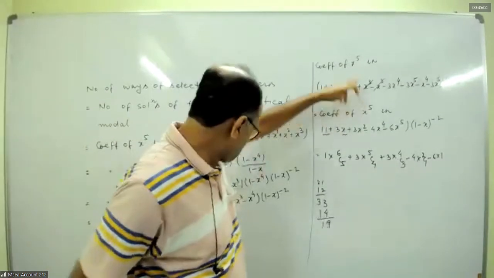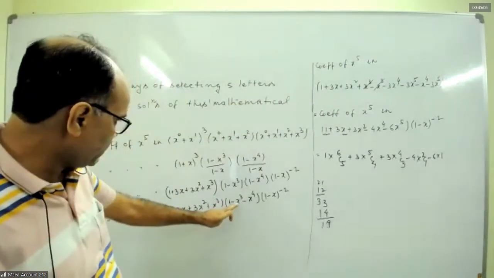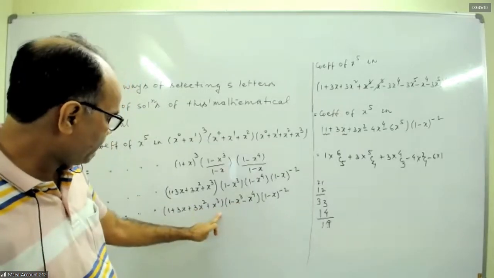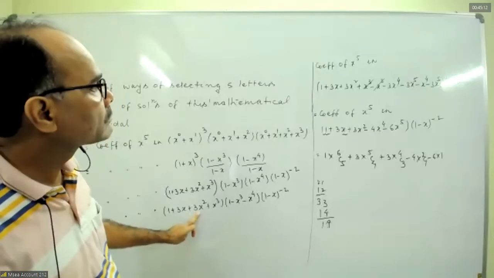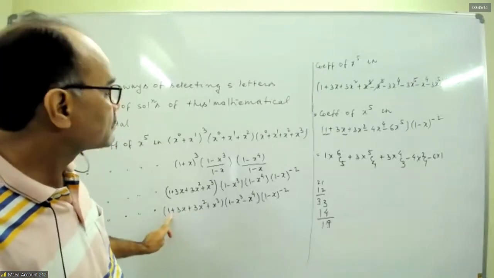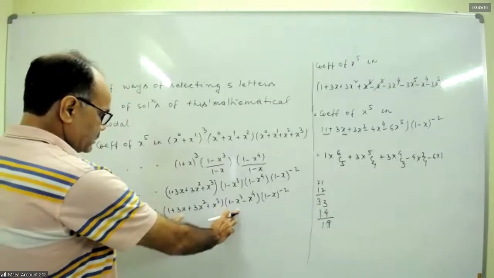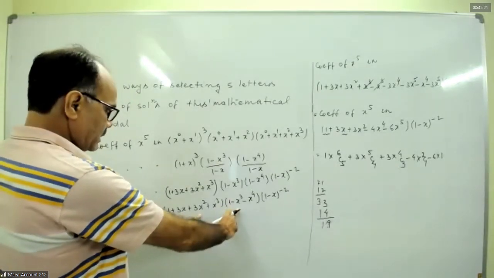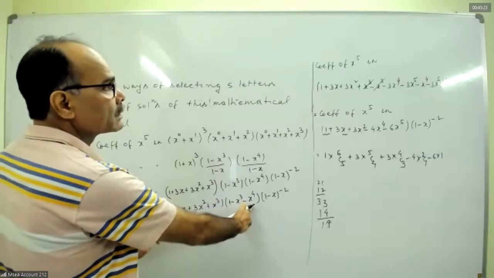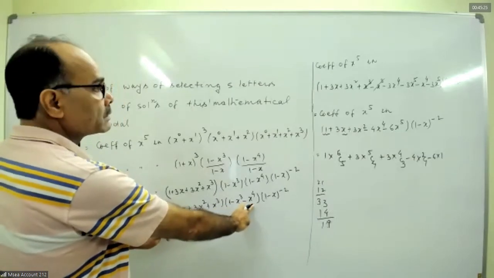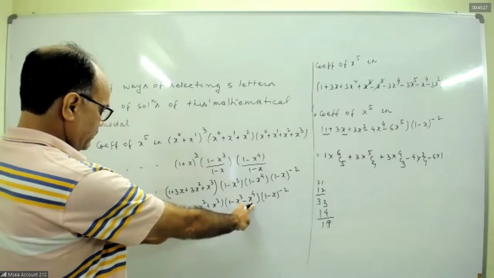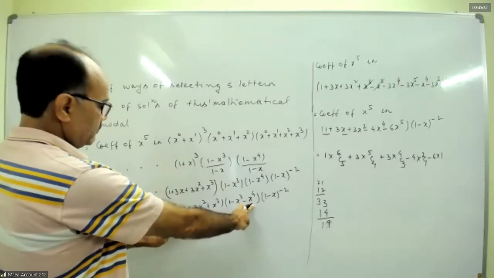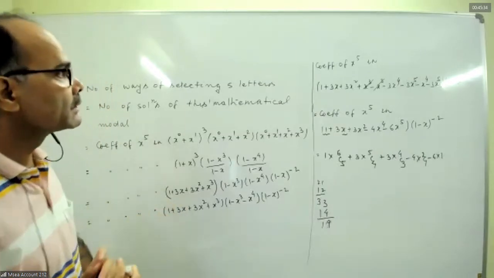After that, you multiply with this one, x cube with this: minus x cube, minus 3x to the power 4, minus 3x to the power 5, correct? Yes, sir, that is correct.